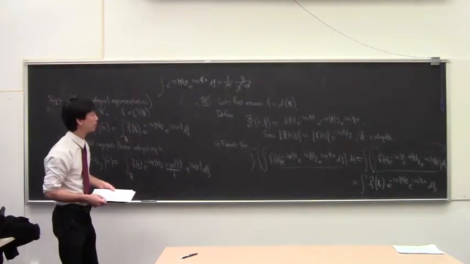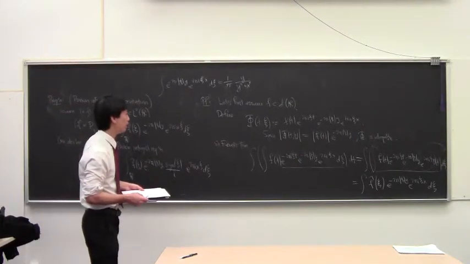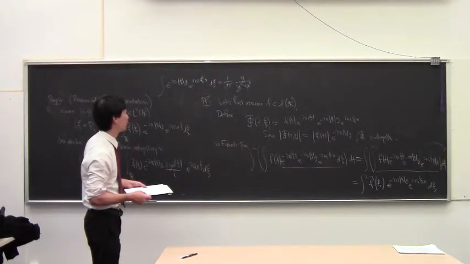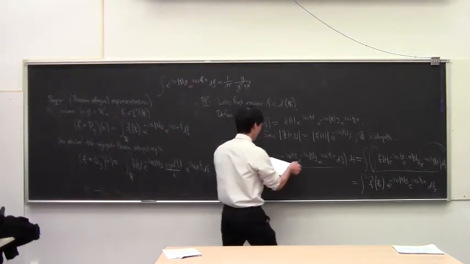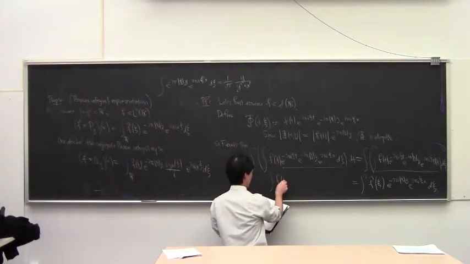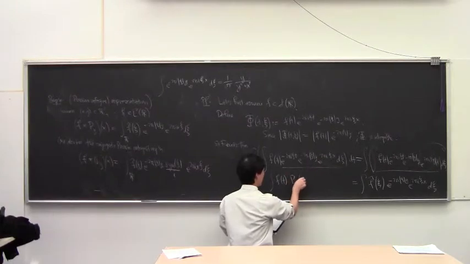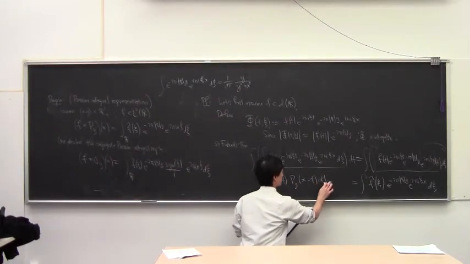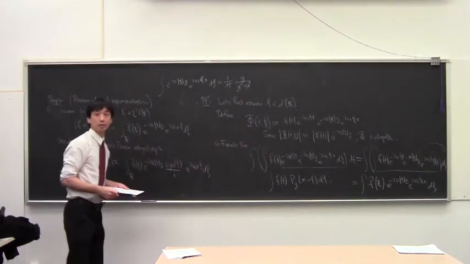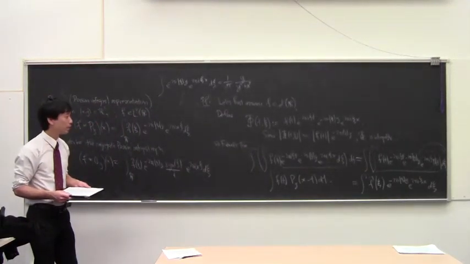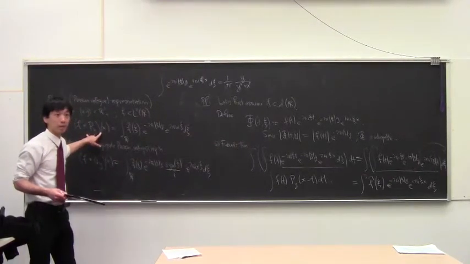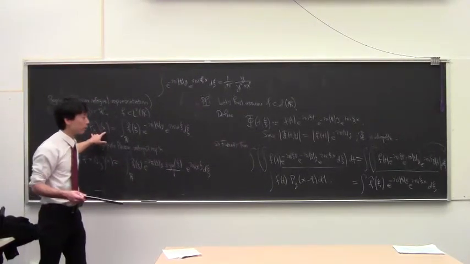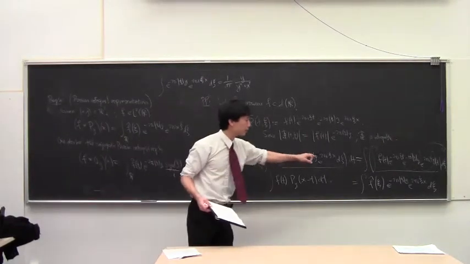So integrating with respect to c first gives us the integral of f of t P_y of x minus t dt. That's what we wanted. We get the convolution of f against the Poisson kernel, and on the right side you get this expression.